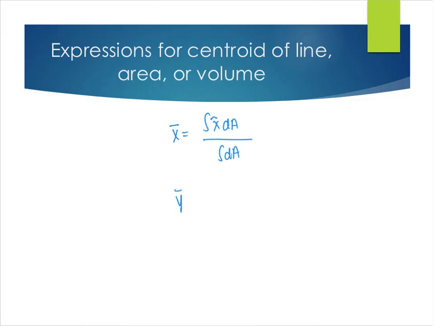And the y value would be y tilde dA over dA. If we're talking about a line, this would change to dl. If you're talking about a volume, this would change to dV.